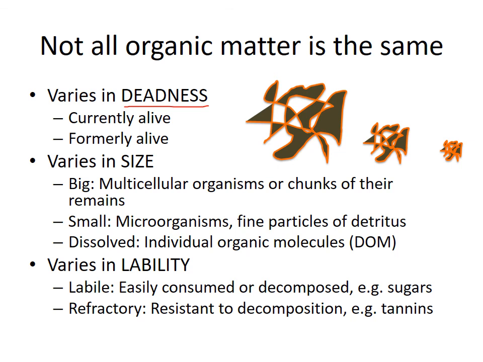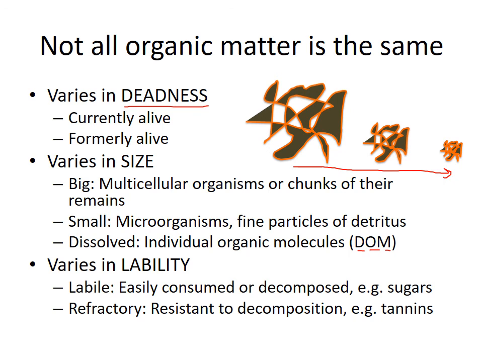Another thing that can vary is the size of the organic matter. You can go from big chunks to tiny chunks to things that are no longer even solid particles. They're just dissolved molecules, dissolved organic matter mixed in with water.